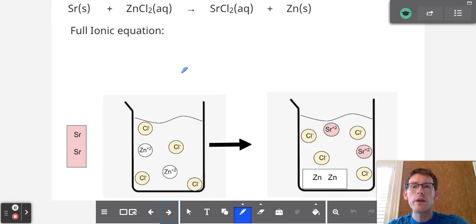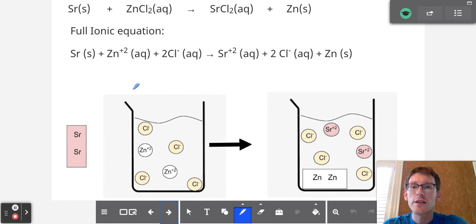And so what we can do is go from this classic equation that we've previously learned about to what's called a full ionic equation. To do that, we say we've got solid strontium plus, note what I've done here, I've taken the zinc chloride aqueous and separated it into zinc positive 2 cations that are aqueous and chloride anions that are aqueous.